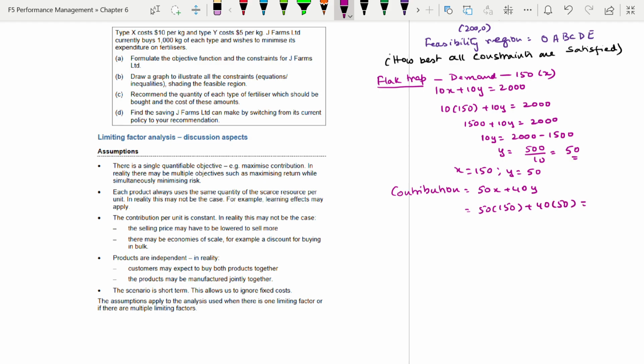How much does it come to? Sorry, 50 into 150 is 7,500, so the total is 9,500. This is the optimal point.